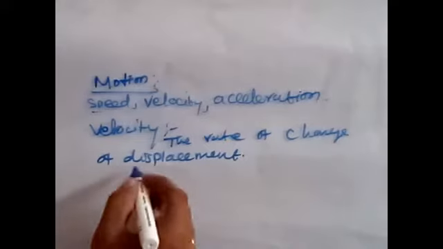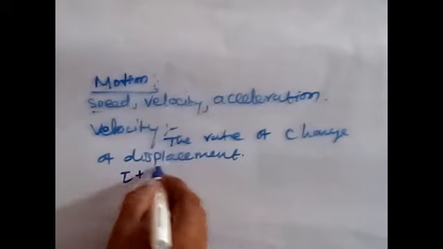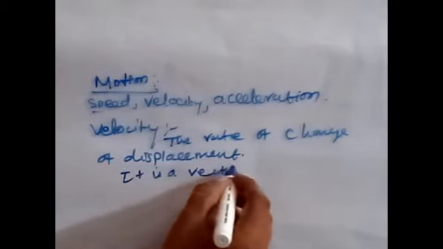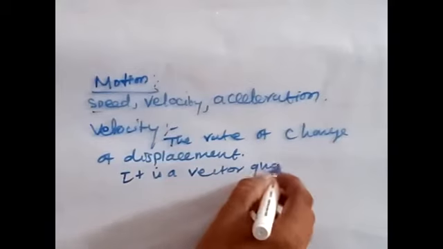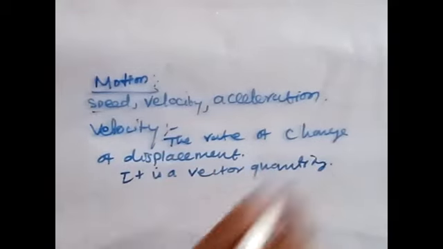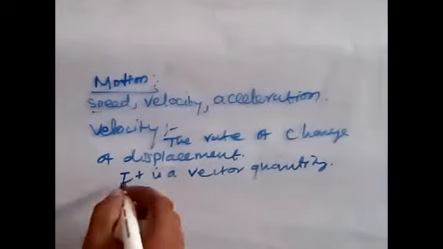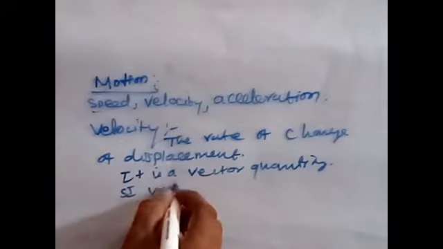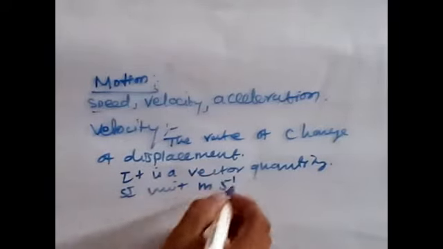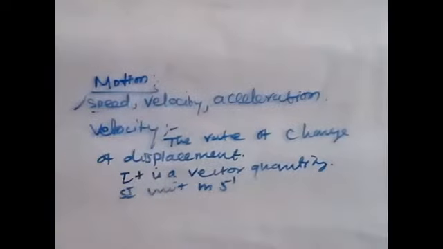Velocity is a vector quantity. The SI unit is m s^-1. Speed has the same SI unit as velocity. So velocity is displacement per time taken.